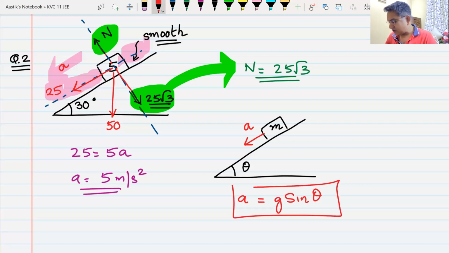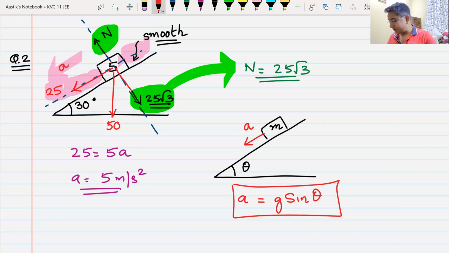That means it does not depend on the mass of the body. Whether it is 10 kg or 50 kg or 30 kg, the answer will always be g sine theta. This is the general result for a block kept on a smooth inclined surface, the angle of inclination of which is theta. Remember this, you don't have to do it again, just remember this.